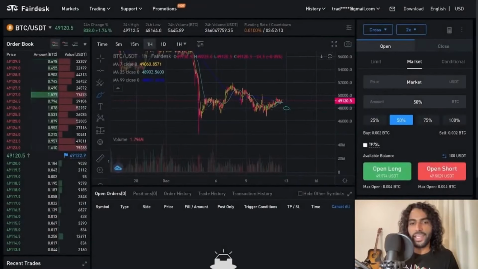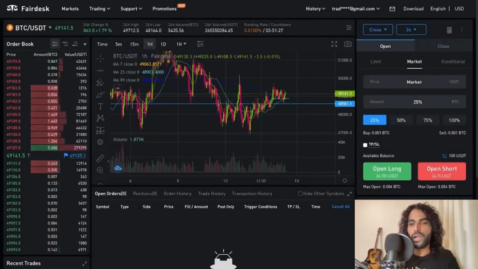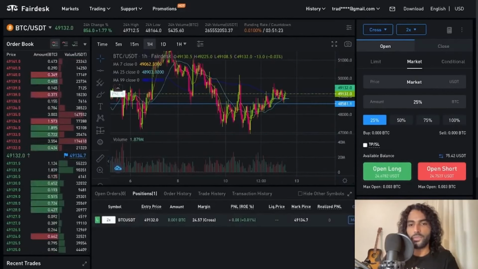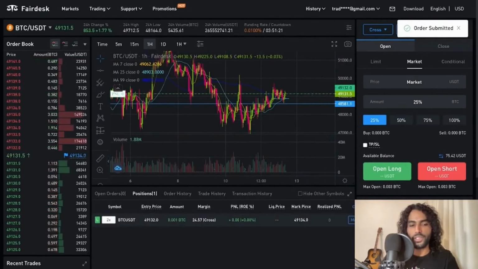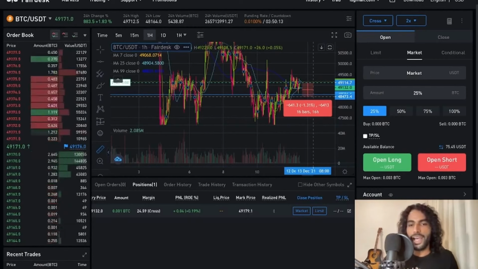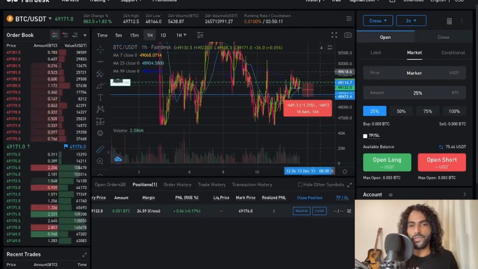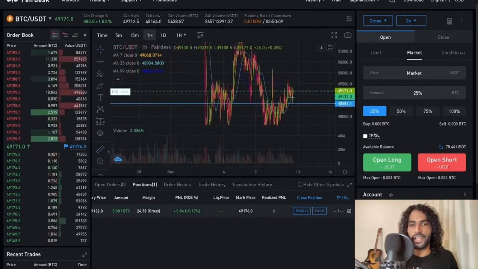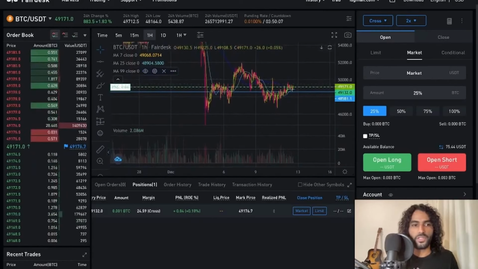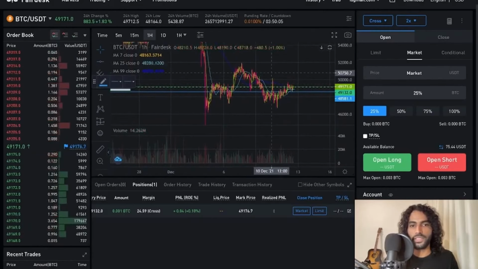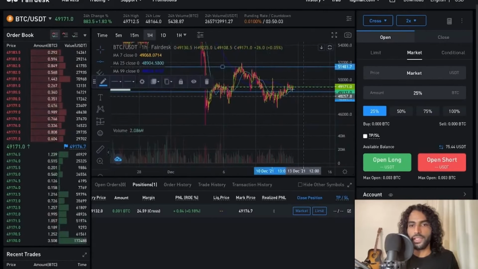So let's say, okay, let's do a market order right now and do 25%. We bought Bitcoin USDT Tether right now, okay. Stop loss and profit. From our technical analysis, we can put it around here because we might see the price go until here, the 51,000.